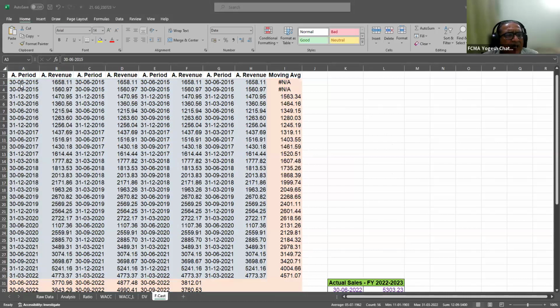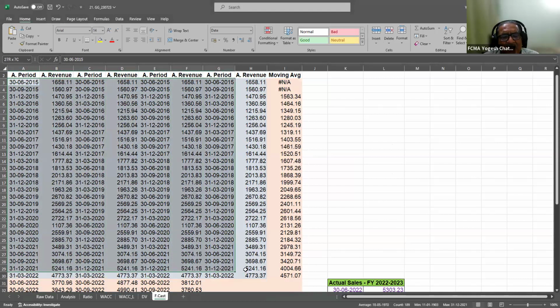I'm sorry. What I have done here is I have taken the quarterly revenue from operations on a quarterly basis, from the first quarter of 15-16 right up to 31st March 2022. Each quarter, as you can see, is arranged as historical data through a color code, so you will find out which are the historical results.